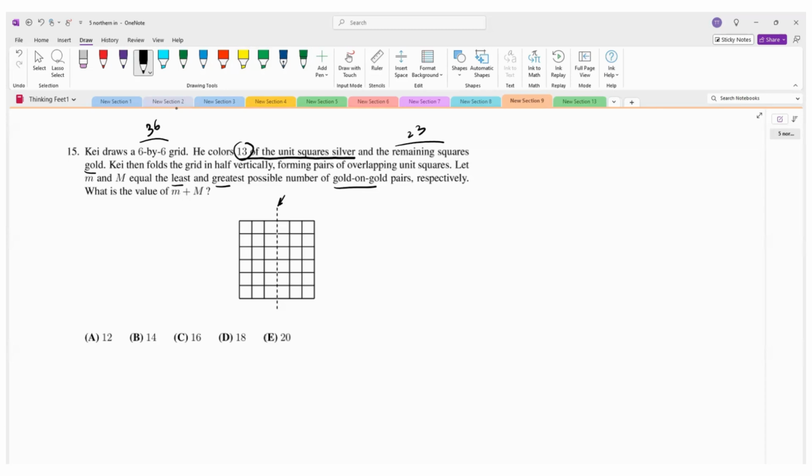So let's tackle the least one first, right? So to do the least one, the simplest thing I could do is color this entire portion gold. So that way I'm minimizing overlap, right? Every square I have on one side, meaning I have that few of them to overlap with those squares, right?